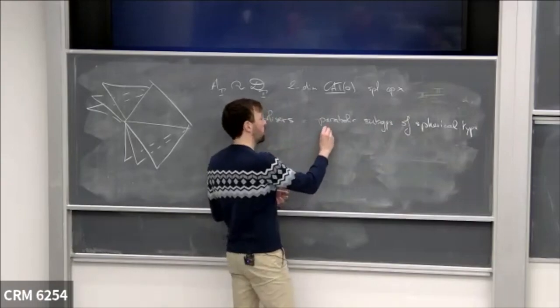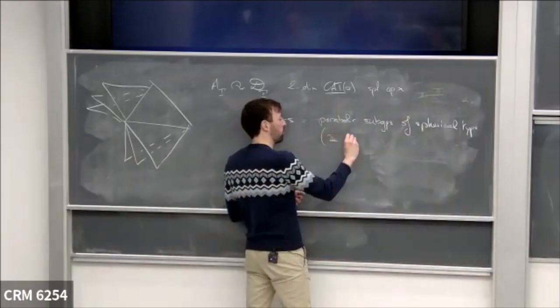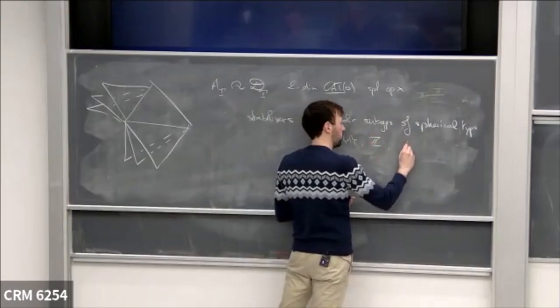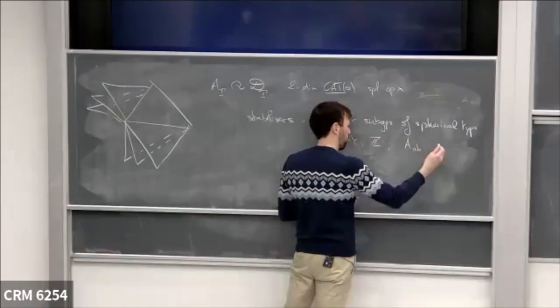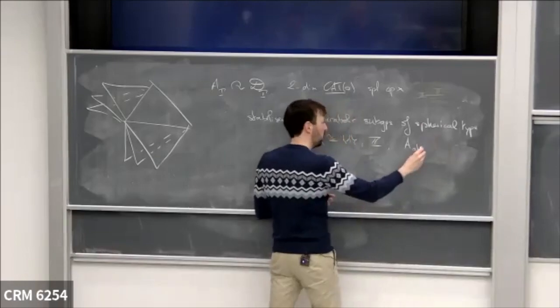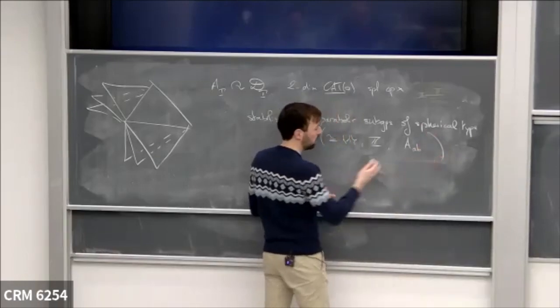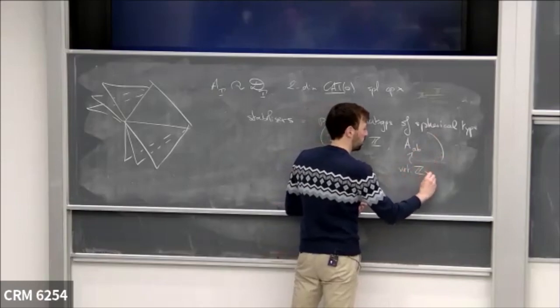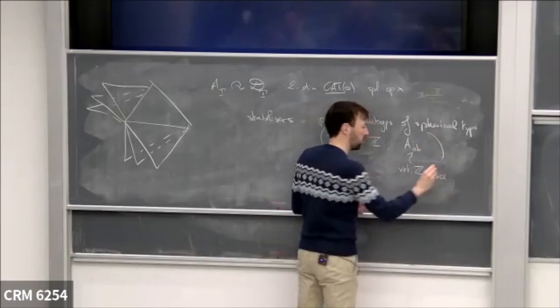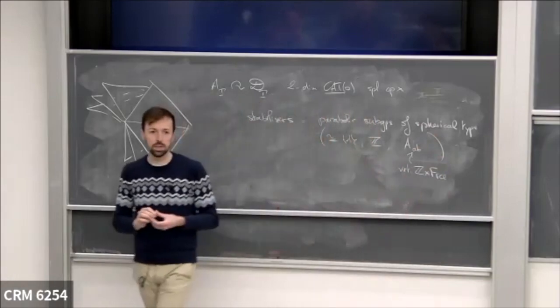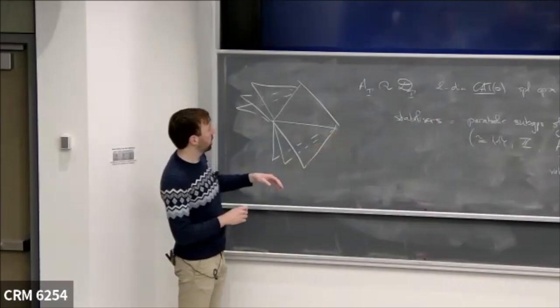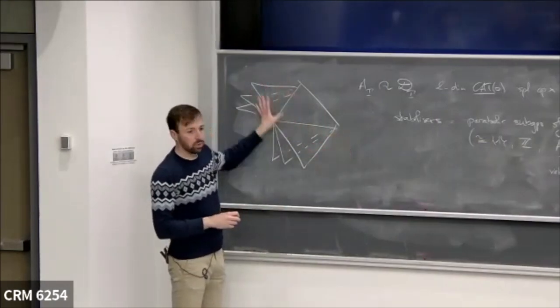And so we get stabilizers that are either trivial, infinite cyclic, or what we call dihedral Artin groups. And what we'll see a bit later is that these are actually virtually Z cross free. So they're nice. They're very nice. So we've got nice enough building blocks and a nice geometry.